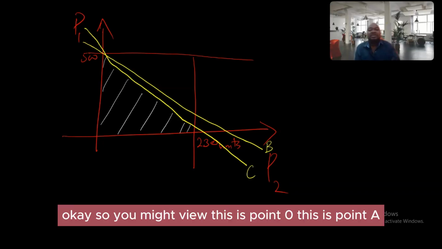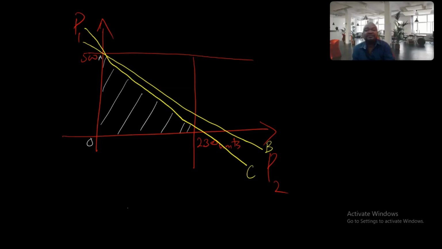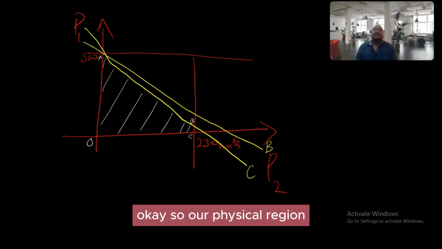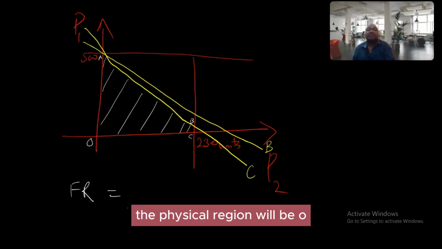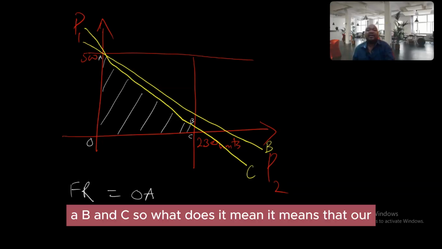Okay, so you might give this is point 0, this is point A, this is point B, this is point C. Okay, so our feasible region will be O, A, B, and C. So what does it mean?